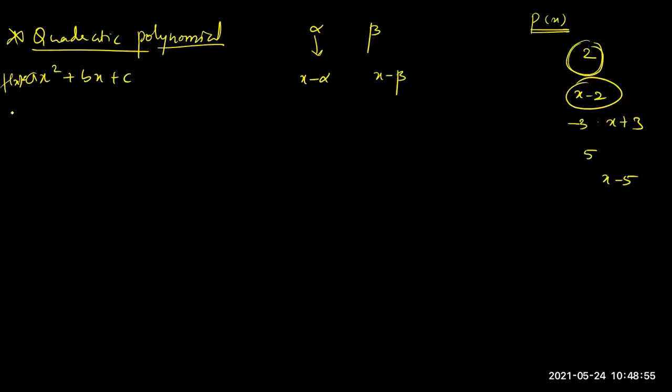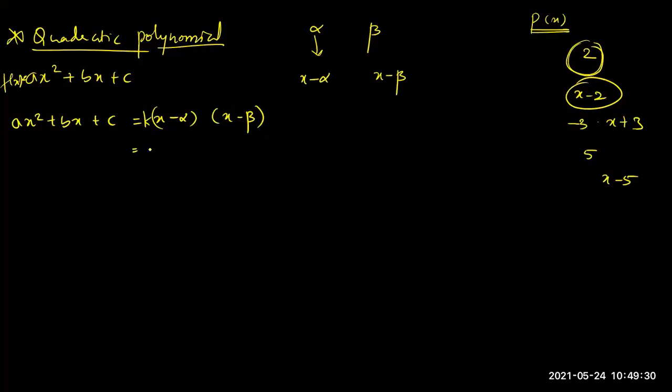So then I will write f of x is equal to ax square plus bx plus c. It has two zeros, which means it has two factors: x minus alpha and x minus beta. Now one constant term also will come there. What this constant is, I will tell you later.